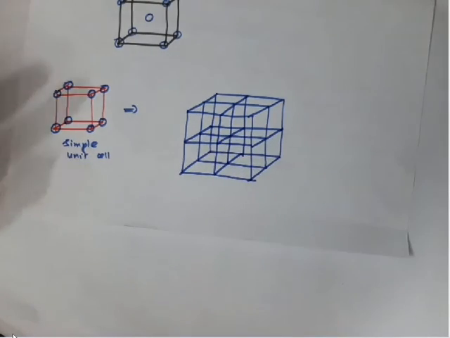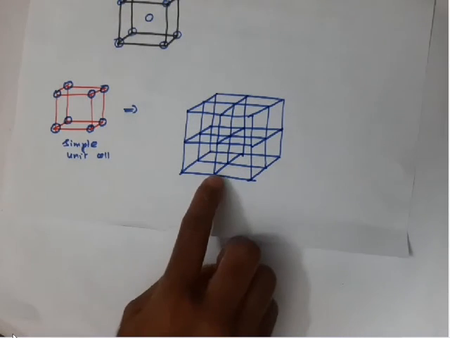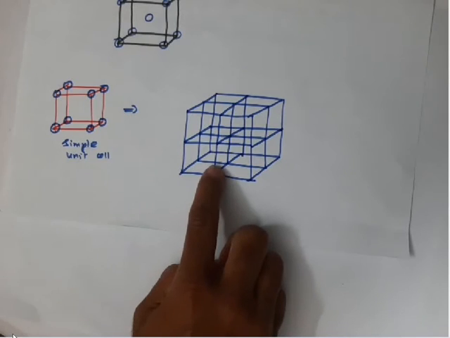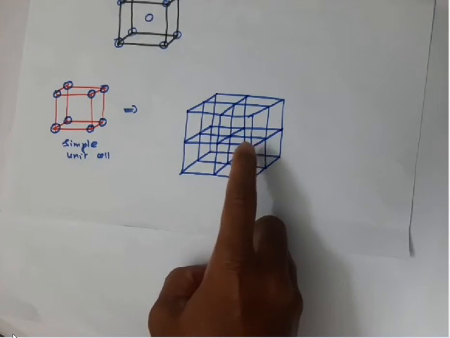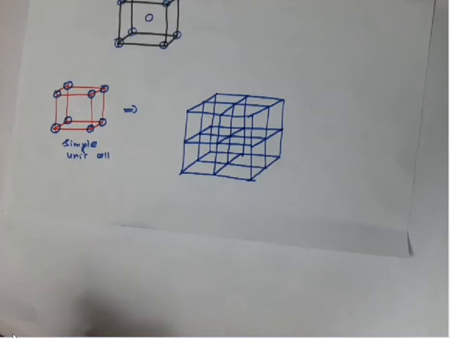See, I have shown a crystal lattice now. Actually, this crystal lattice consists of 8 unit cells. Can you see the 8 unit cells, students? Are you able to understand the 8 unit cells here? Yes, sir. Okay.